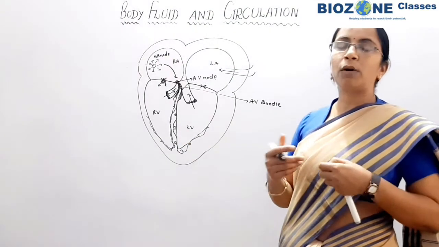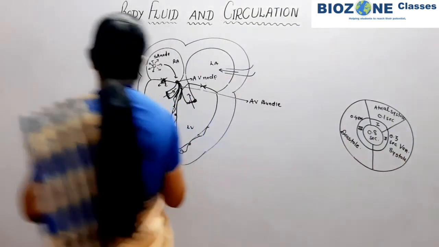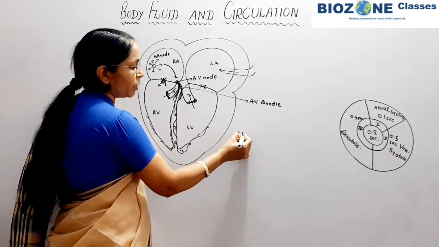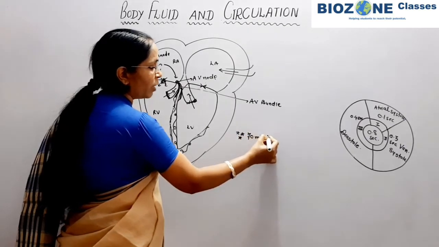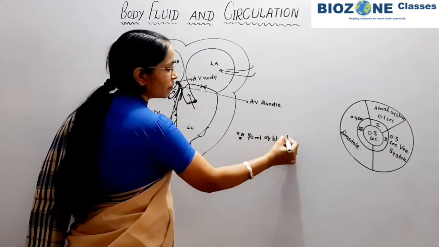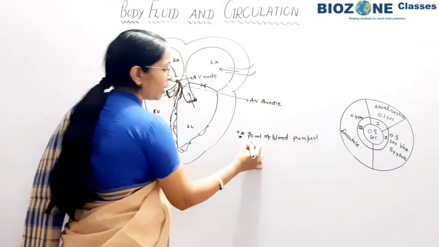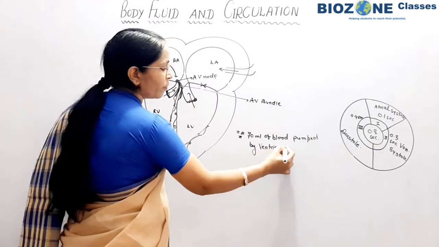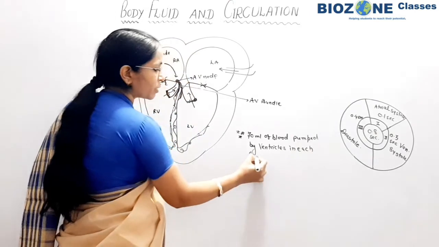Now how much blood is pumped by the ventricle? So this you remember when we study the cardiac cycle. One important thing you remember, 70 ml of blood is pumped by the ventricles in each cardiac cycle.